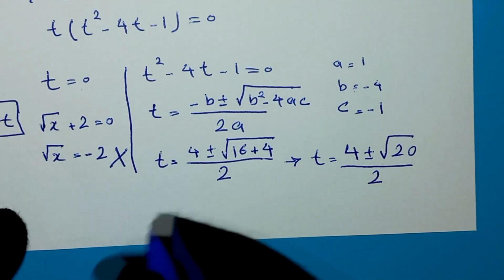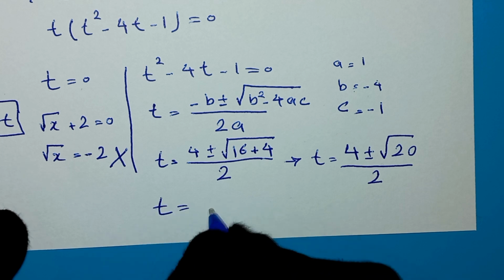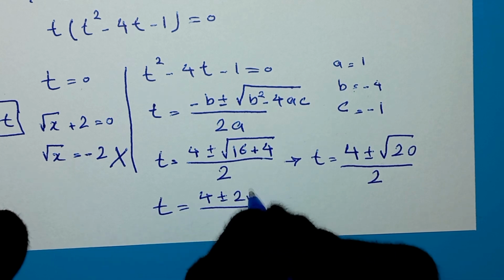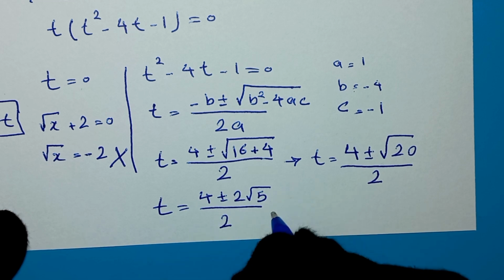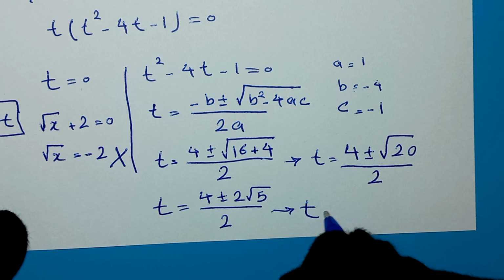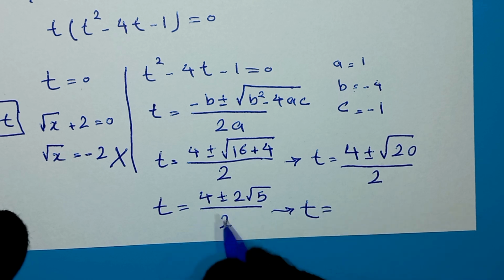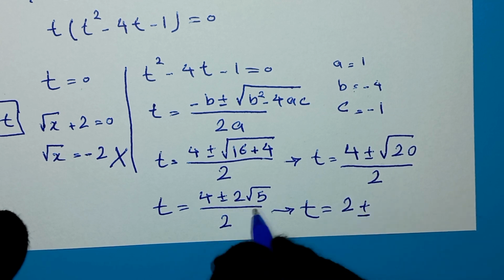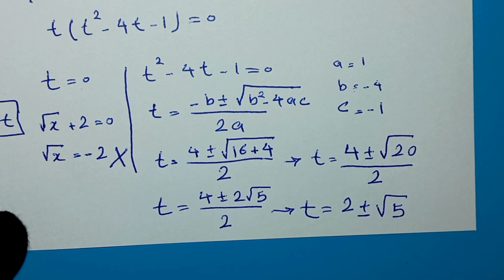So in here, t is equal to 4 plus or minus 2 times square root of 5 over 2. And in here, t is equal to 4 divided by 2 is 2, and plus or minus, this will cancel this, square root of 5. Okay?